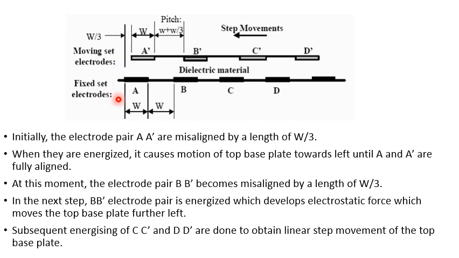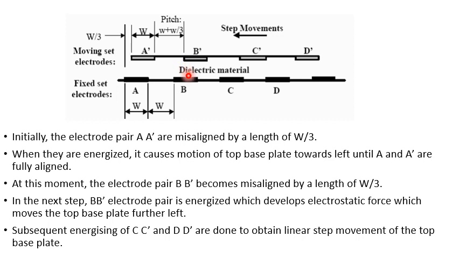In the first step, the electrode pair A and A dash are energized. Energizing the pair of electrodes A and A dash causes the top plate to move towards the left until A and A dash become fully aligned. Once they are fully aligned, the electrodes B and B dash will be misaligned by W by 3.